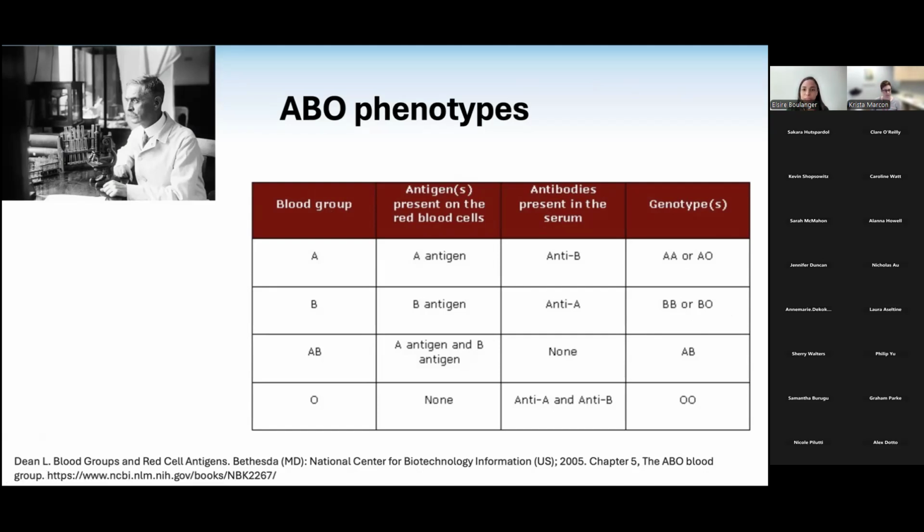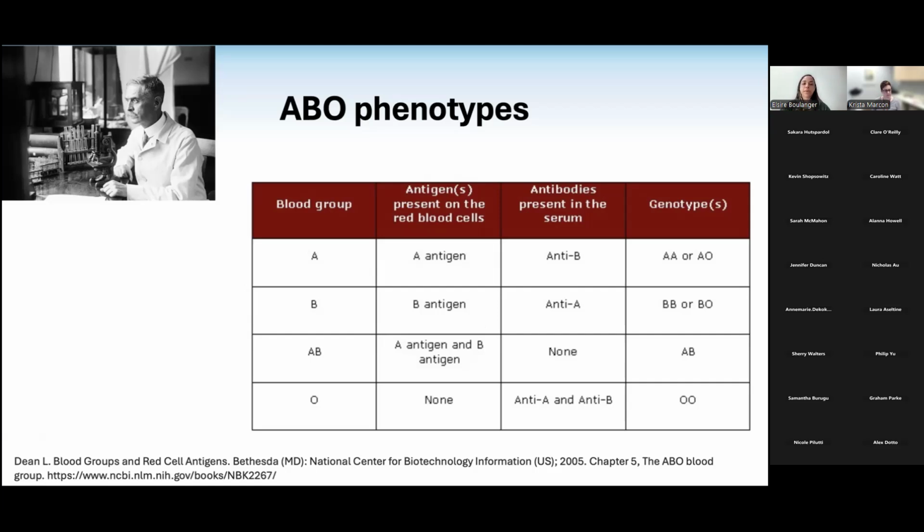There is another thing: the people who have the A antigen present antibodies to the antigen that is not in their blood. In this case, it will be anti-B. If somebody has a B antigen, this person will have an antibody against A, because this is naturally occurring.